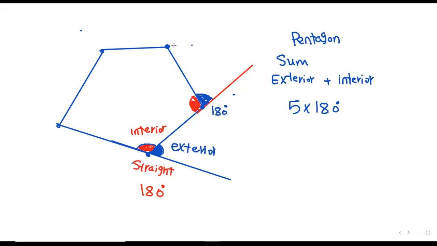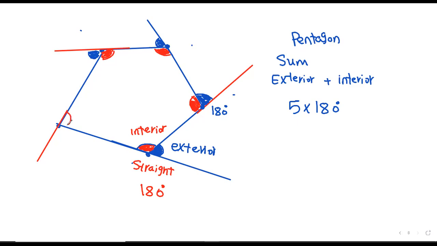So again, let's draw them. This angle is exterior here, and this angle is interior. Let's go to the second vertex and extend this line. This angle is interior, and the angle shaded in blue is exterior.